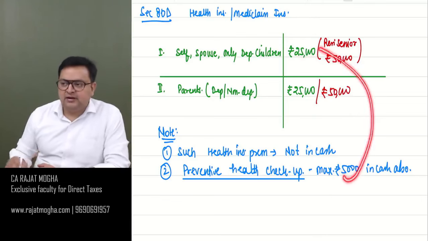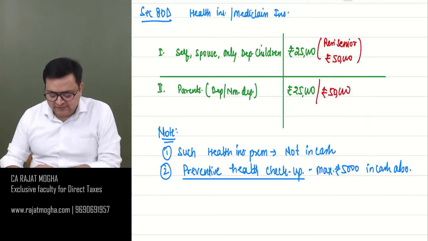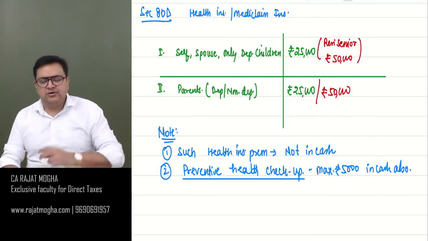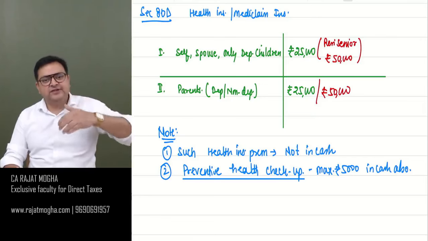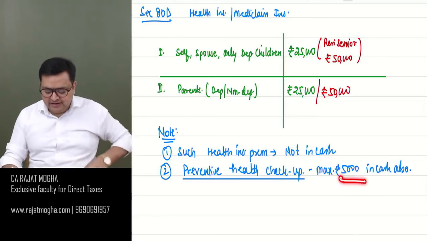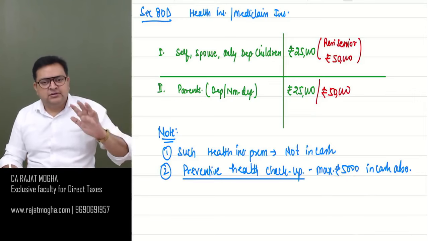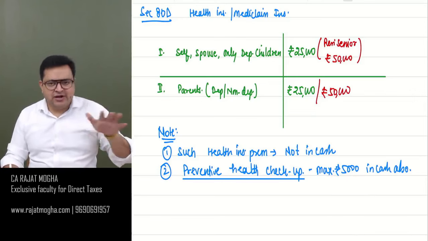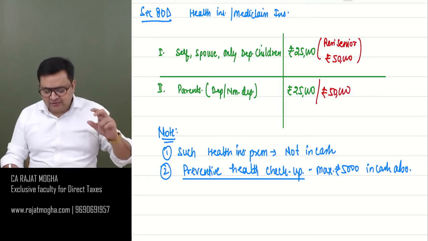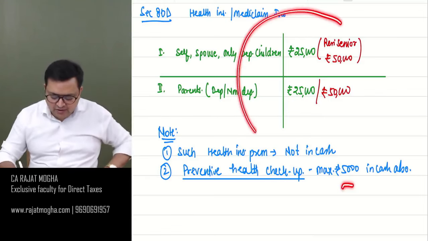So it's not that if the limit is 25,000 we will get an extra 5,000. No, you will not get extra. It is within that limit only. And it can be paid in cash. If it is more than 5,000, we will not get it. Maximum 5,000.